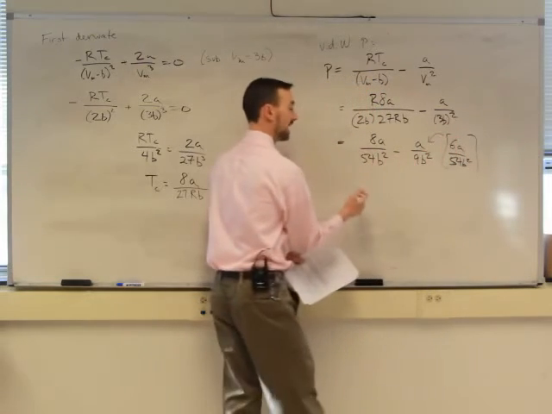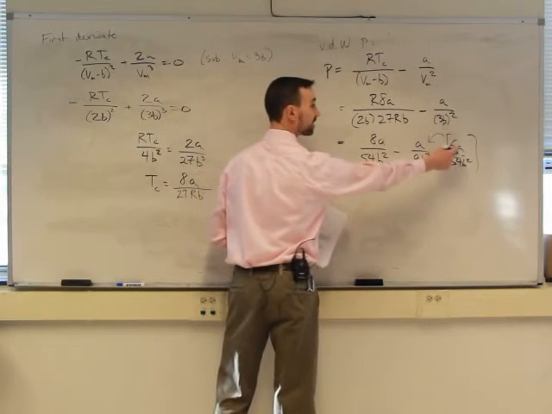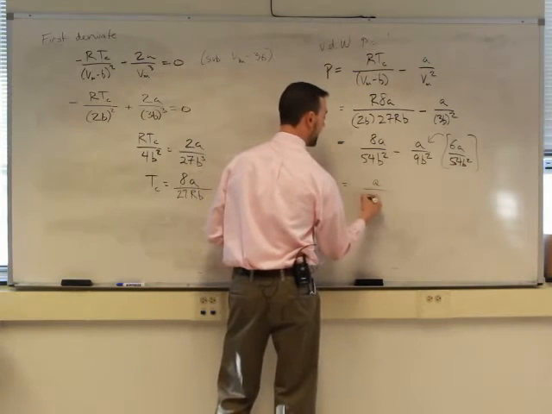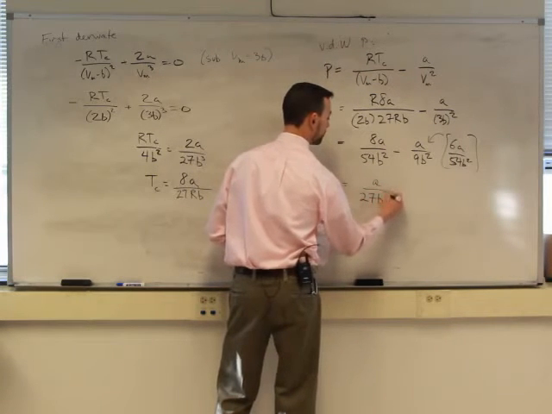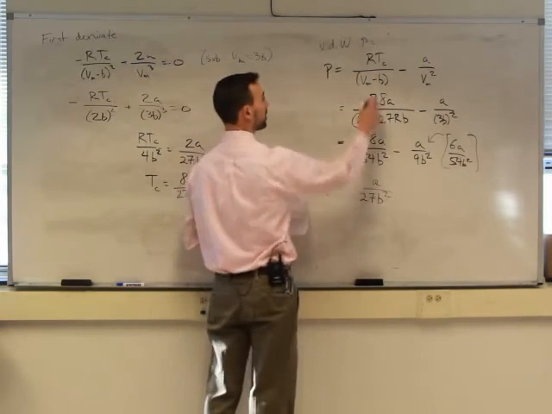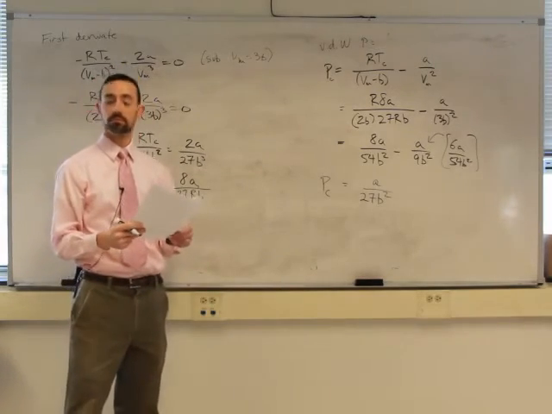So I could then add those two. That would give me 2 A's left in the numerator. 2 divided by 27 would give me A over 27B squared. Okay? Now this would become the critical pressure because we defined it at the critical temperature actually as well. All right?